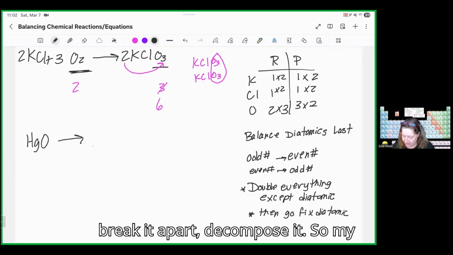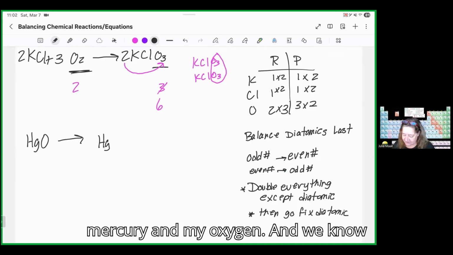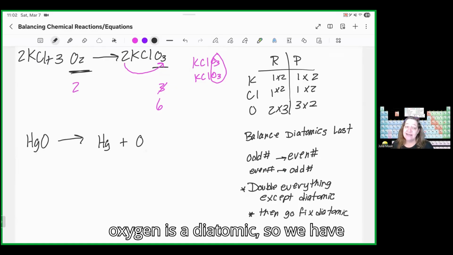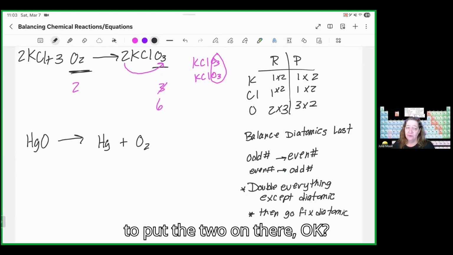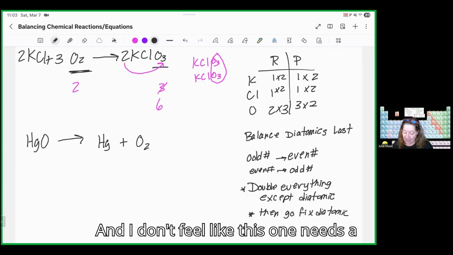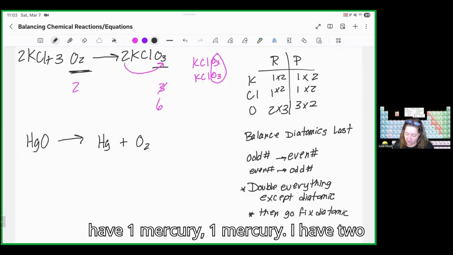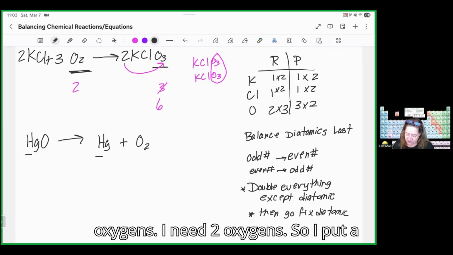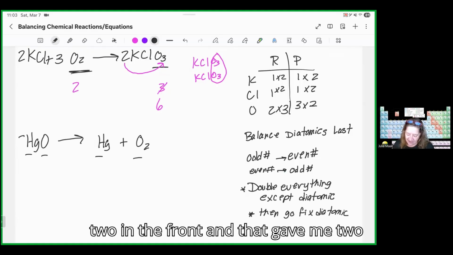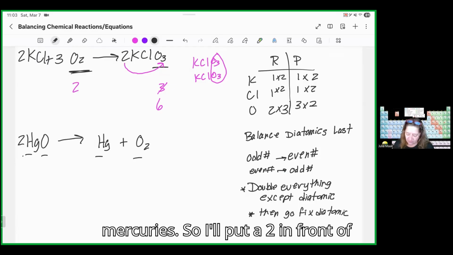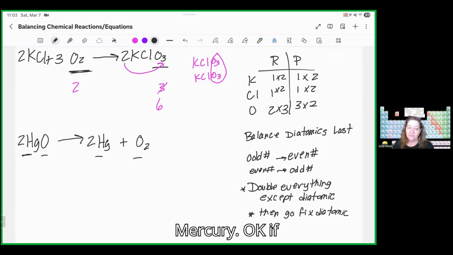So my mercury and my oxygen, and we know oxygen is a diatomic, so we have to put the 2 on there. I don't feel like this one needs a chart. Let's try it without the chart. I have 1 mercury, 1 mercury. I have 2 oxygens. I need 2 oxygens, so I put a 2 in the front, and that gave me 2 mercuries, so I'll put a 2 in front of mercury.